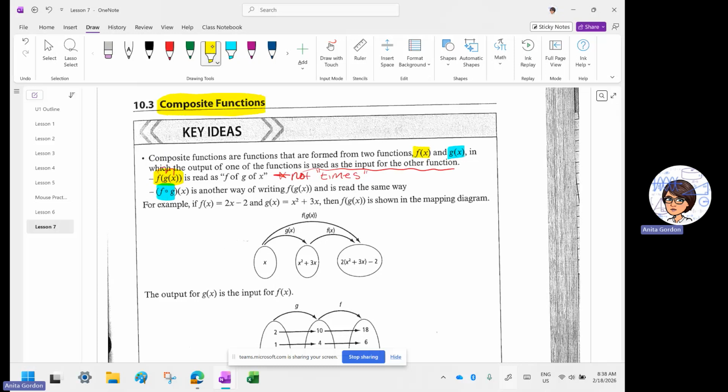So for example, if function f is a linear function like 2x minus 2, and function g is a quadratic function like x squared plus 3x, then when we look at the composition, we are putting g, the entire function g, in place of x.